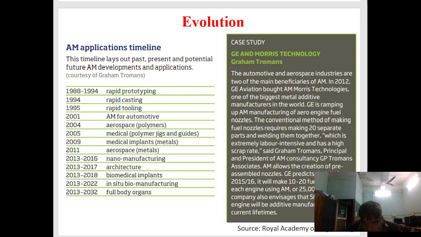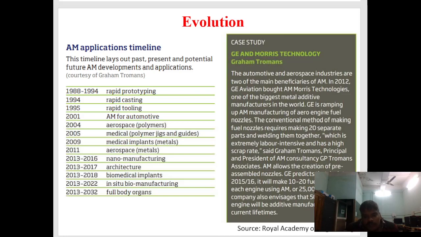The conventional method of making a fuel nozzle requires making 20 separate parts and welding them together, which is extremely labor intensive and has a high scrap rate, said Graham Tromans, Principal and President of AM consultancy GP Tromans Associates. AM allows the creation of a pre-assembled nozzle. GE predicts that by late 2015-16 it will make 10 to 20 fuel nozzles for each engine using additive manufacturing. The company also envisages that 50% of a jet engine will be additively manufactured within the current lifetime.